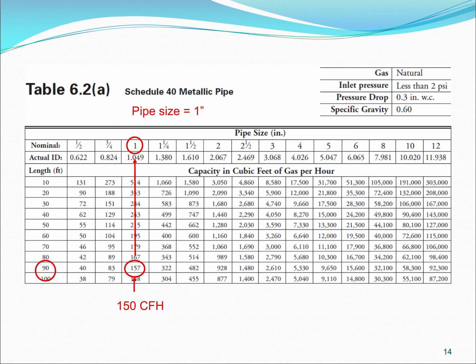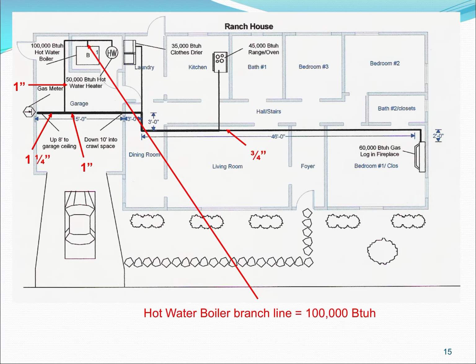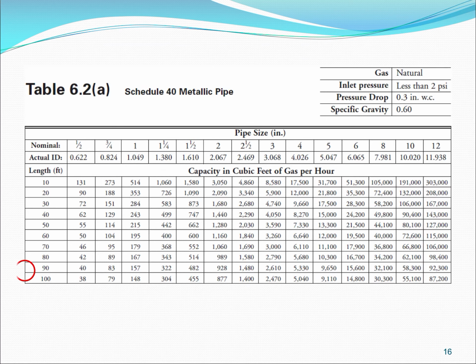So we're going to look at my application, and I've got a 1-inch branch. As you can see, that's going to run all the way over to the boiler and water heater. And then individually, now you've got a branch that goes off of that one at 100,000 BTUs. Let's take a look at that one. That's going to also have to be a 1-inch.